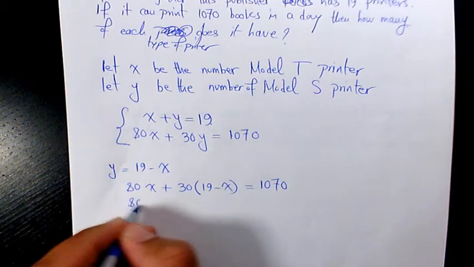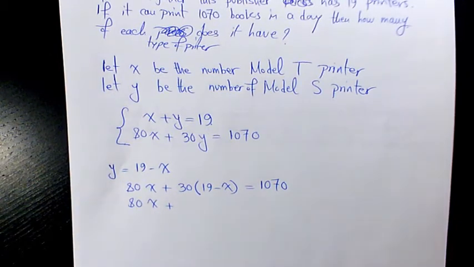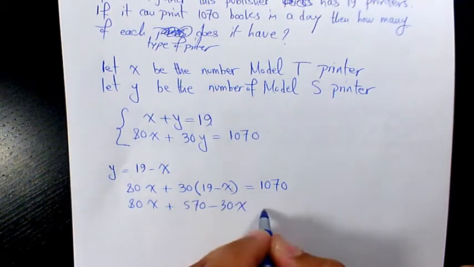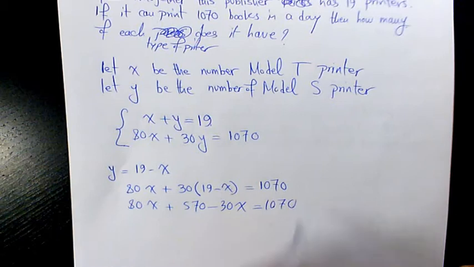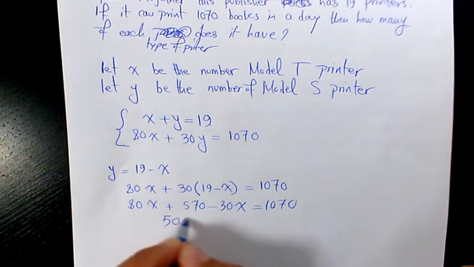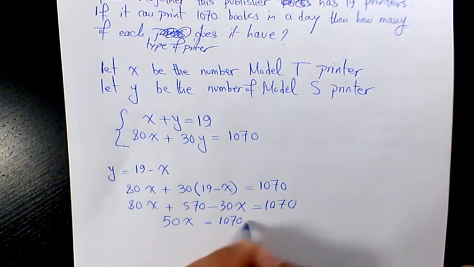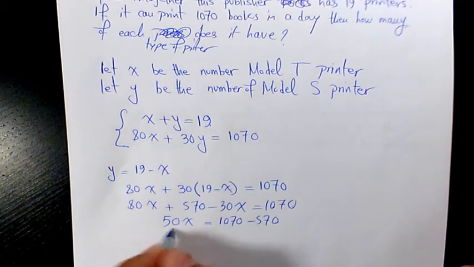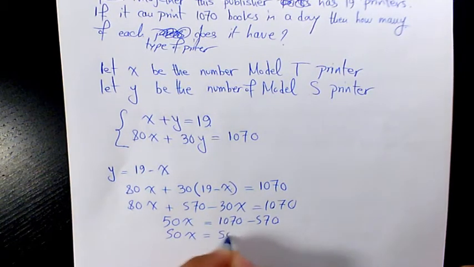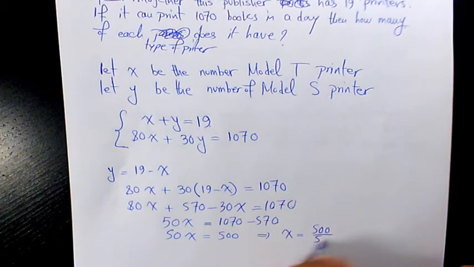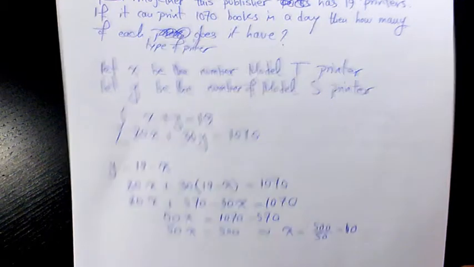So we have 80x plus 30 times 19, which is 570, minus 30x when you distribute it, equals 1070. Then 80x minus 30x is 50x. I move 570 to the other side: 1070 minus 570 is 500, so 50x equals 500. Therefore x is 500 divided by 50, that's going to be 10.